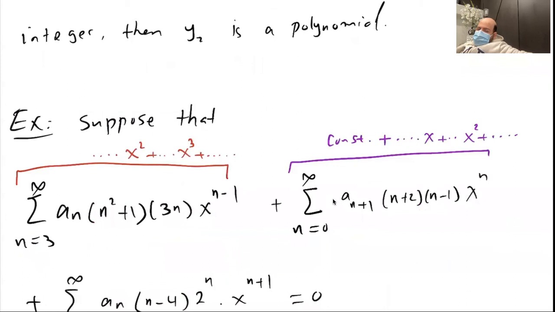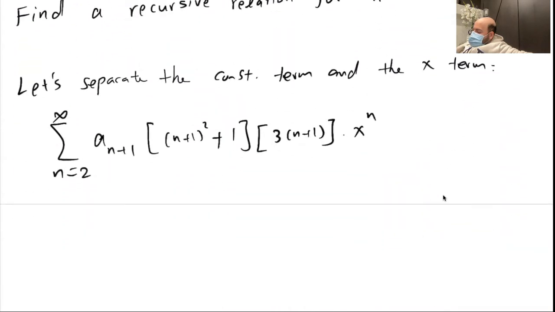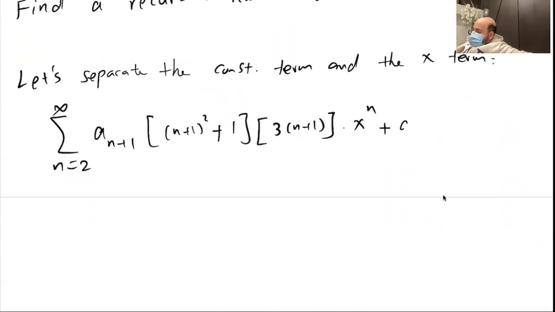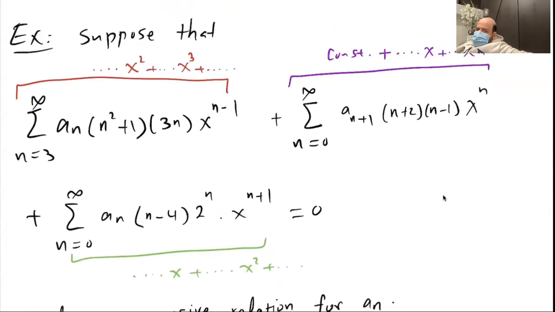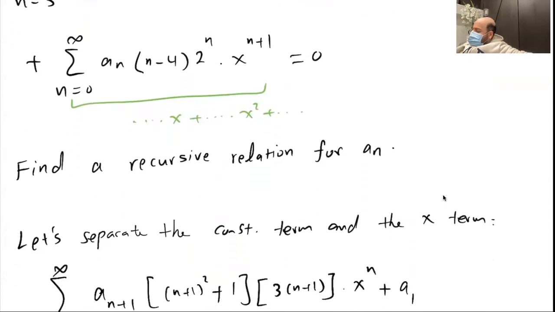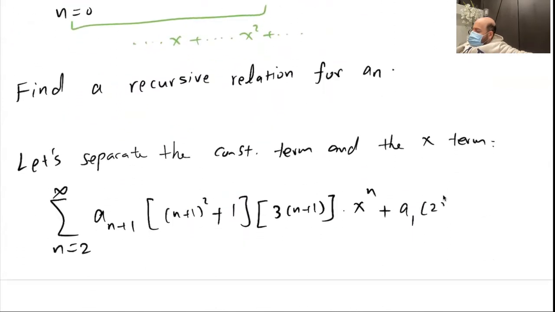For the second sum, we said we have to separate the constant term and x term. So n equals 0 corresponds to the constant term. If I replace n with 0, I'll have a_1 times 2 times minus 1. So I have to separate that term: plus a_1 times 2 times minus 1.